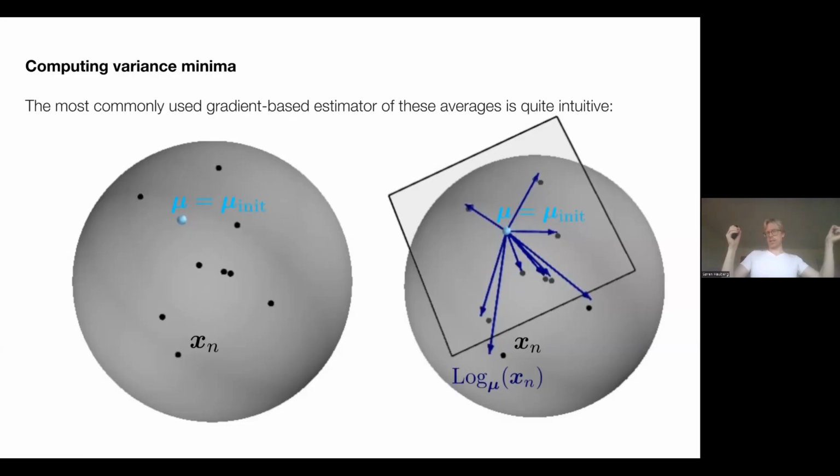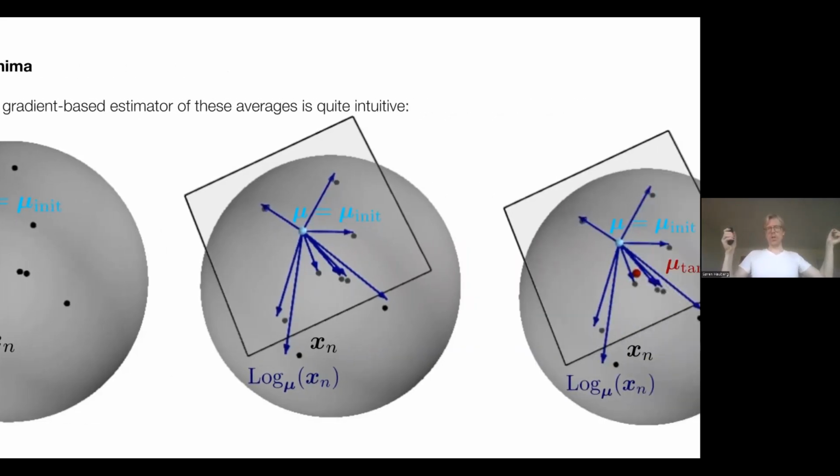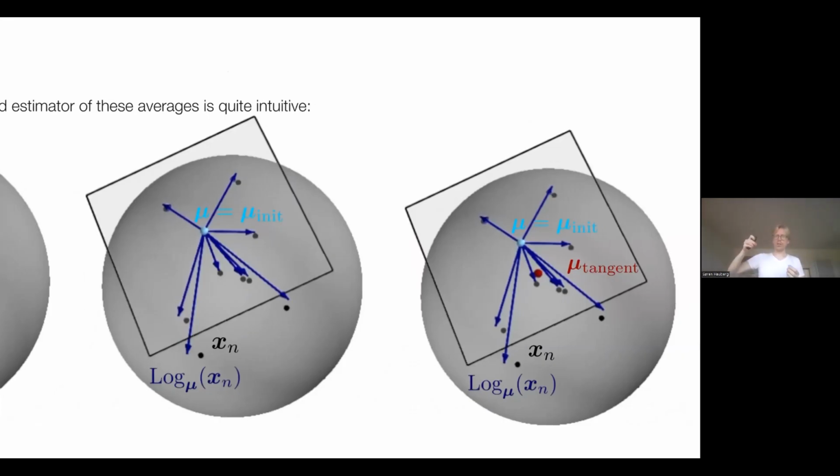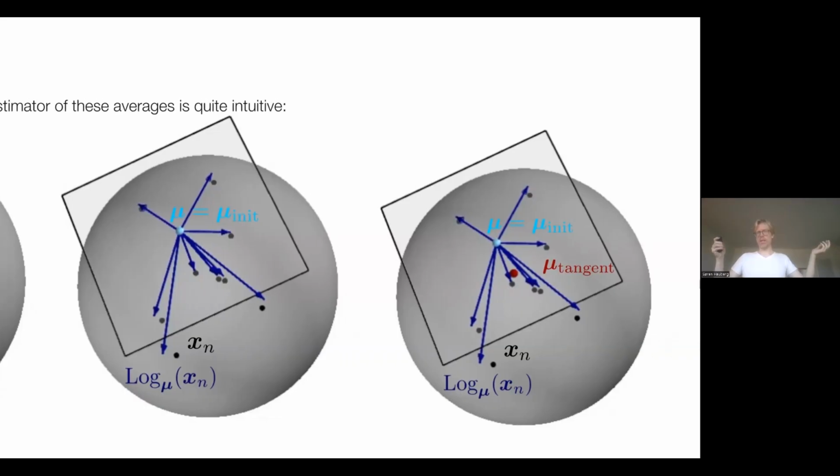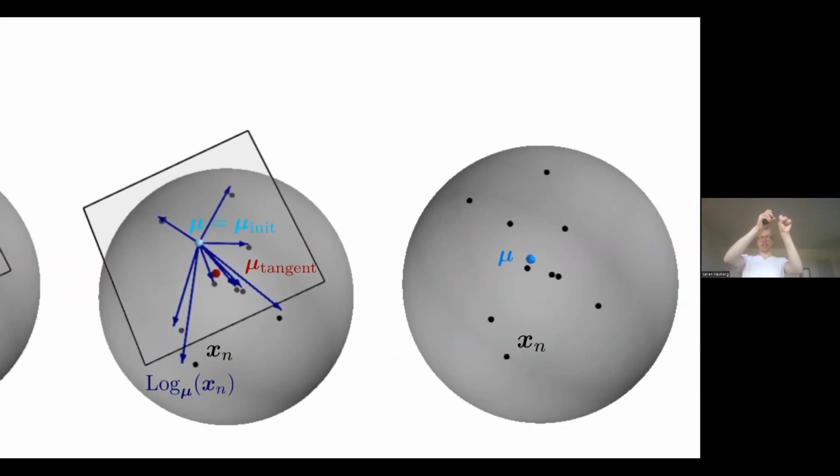In that tangent space, you can compute the average of your tangent vectors. The tangent space is Euclidean, so you just compute the Euclidean average of your tangent vectors. Then you take that point in the tangent space and map it back to the manifold.